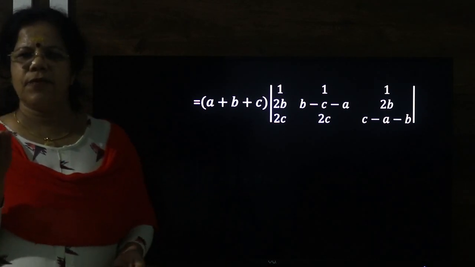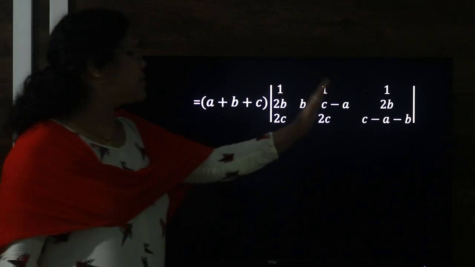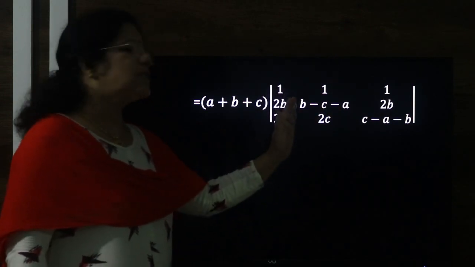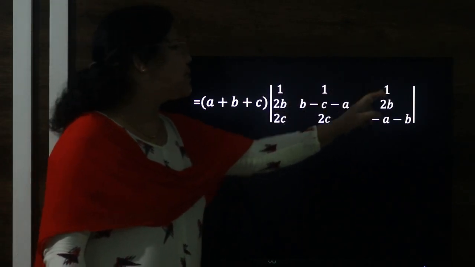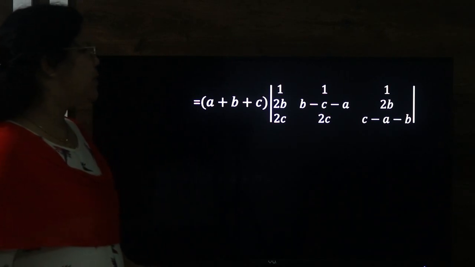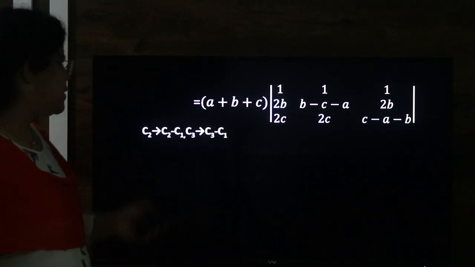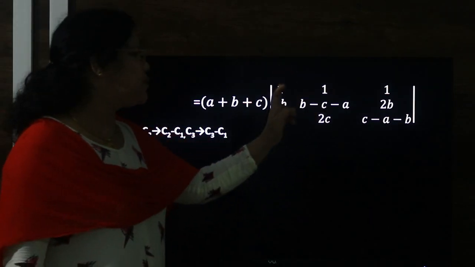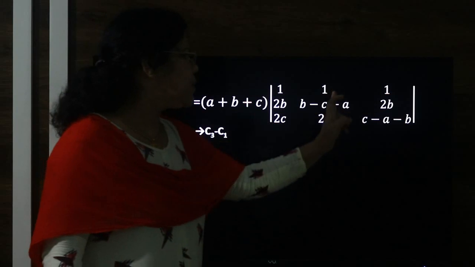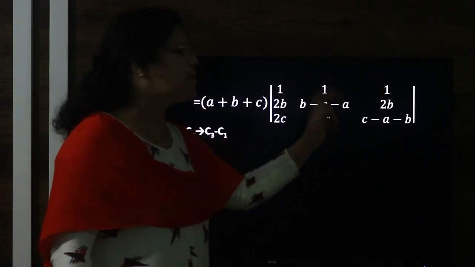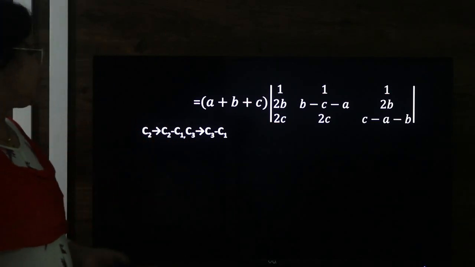You can concentrate on C2 changes to C2 minus C1 or C3 changes to C3 minus C1, so that we will get these two 1s to 0. As I told you, C2 changes to C2 minus C1, this will become 0. C3 changes to C3 minus C1, this becomes 0. So that the calculation will be easy.